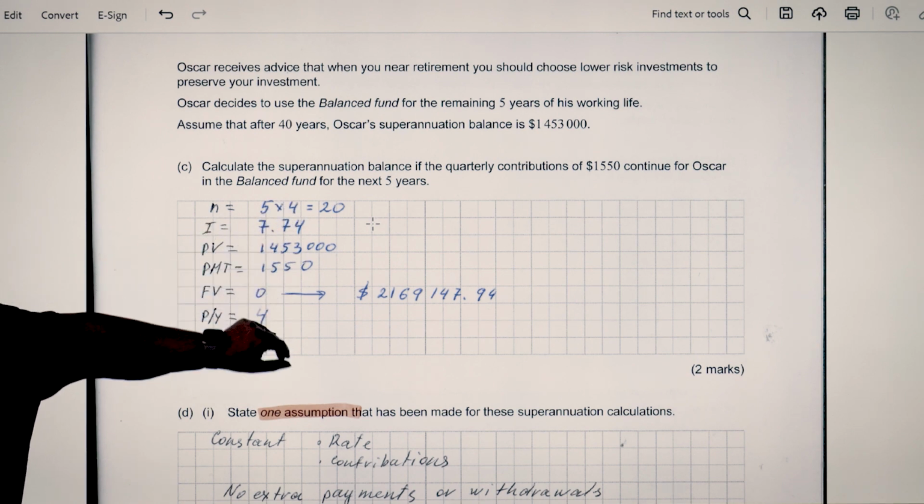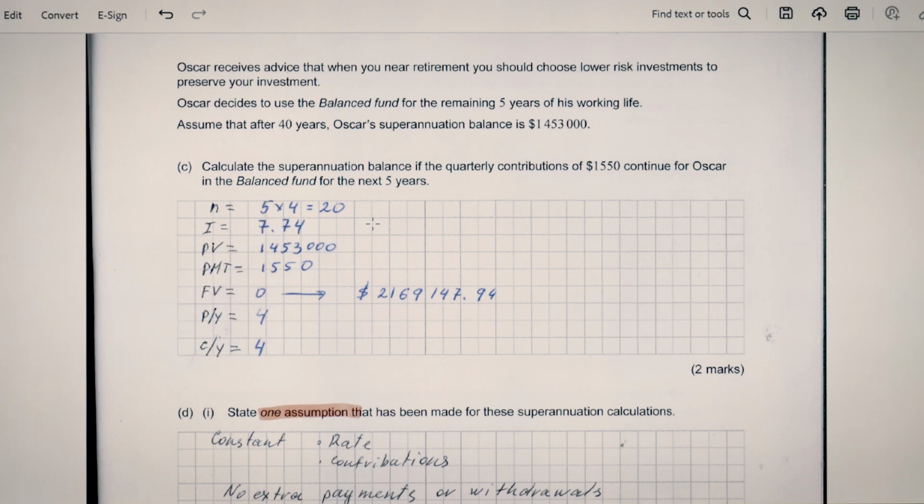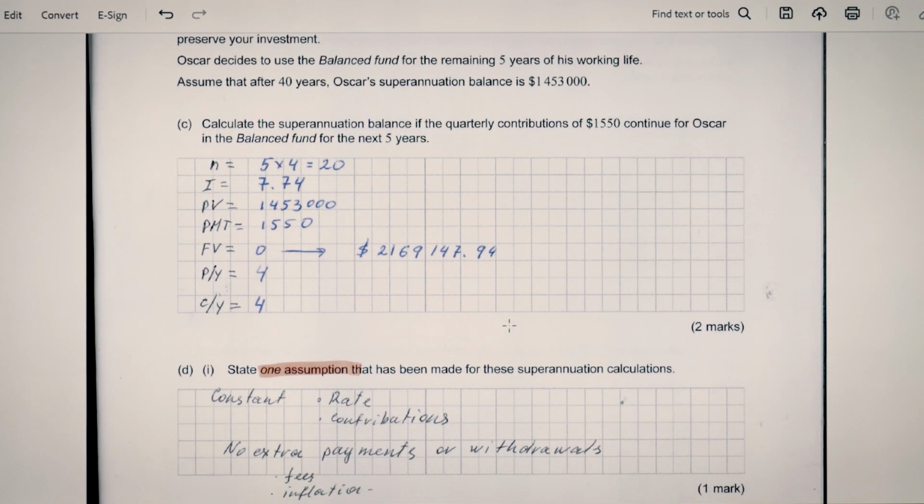A lot of students forgot to do that. It's a good idea to put it on a help note, just write down, don't forget, highlight it, because that made a lot of students lose marks there, okay? So 2 marks for putting correct entries and getting the answer.